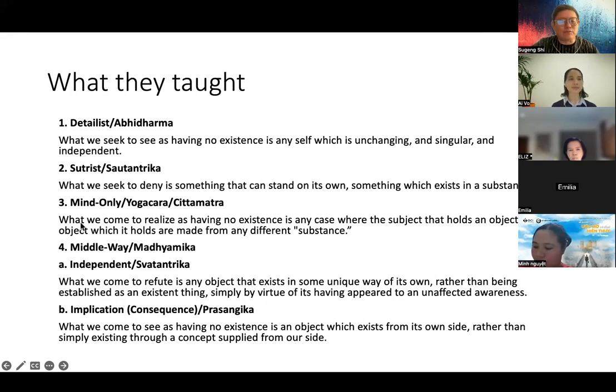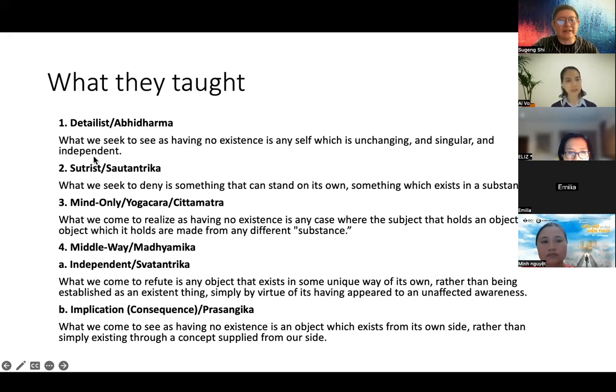So there are basically four traditional schools, and of course, the number four, we can divide into two, independent and implication or consequence, right? The first two are the Hinayana, the smaller wheel, and the second two are the Mahayana, the greater way, right? The smaller way and the greater way.